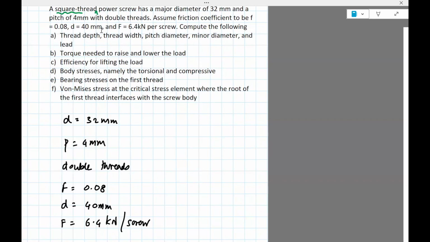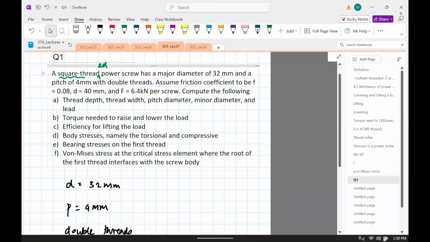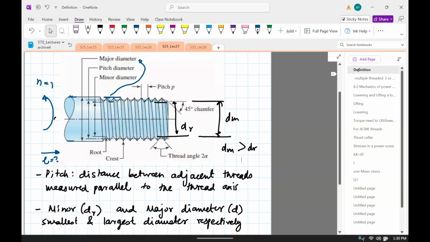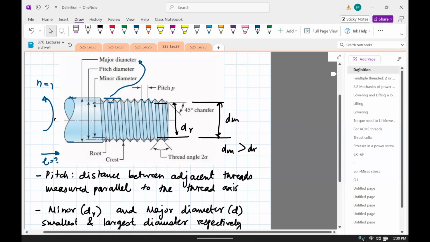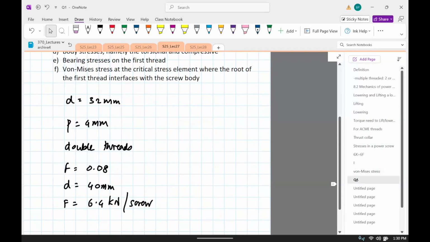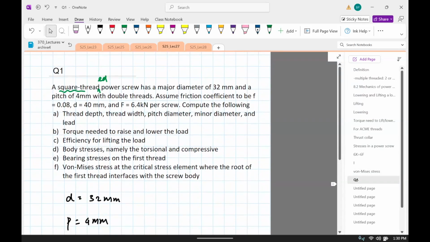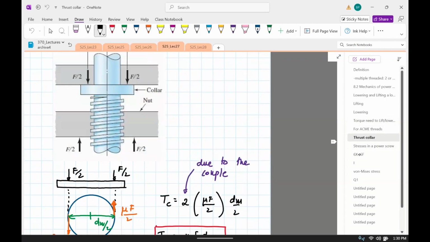Okay, so there needs to be some clarity here. Let me see what this is. We have the major diameter. There's DR and D, but this is confusing because that's the major diameter. This can't be the major, it's bigger than this one, but it cannot be the major because it's 40. I think I know what it is. The collar, probably, the thrust collar.